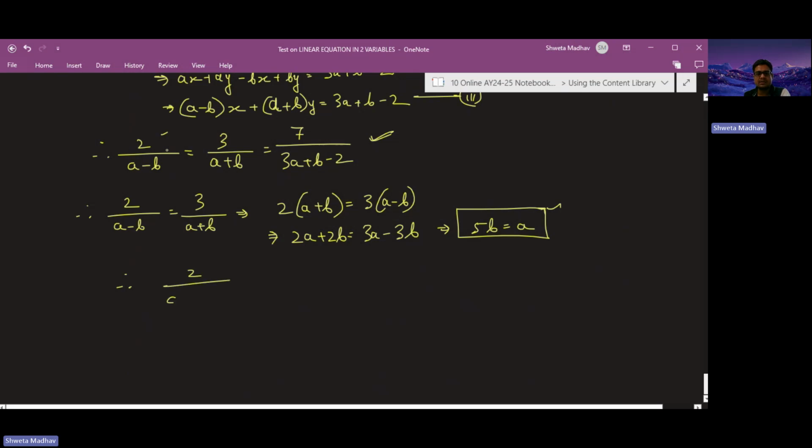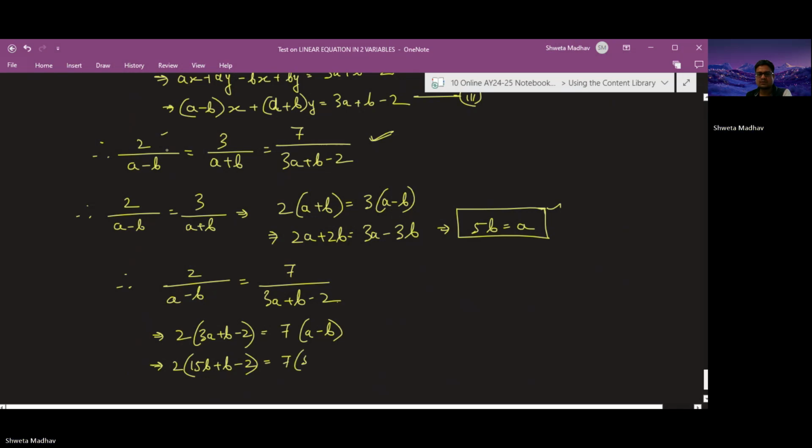Then we will get 2 by (a minus b) equal to 7 by (3a plus b minus 2). So we will get 2 into (3a plus b minus 2) equal to 7 into (a minus b). Then 2 into 3a, so 3 into 5b, that is 15b, plus b minus 2, equal to 7 into (5b minus b).